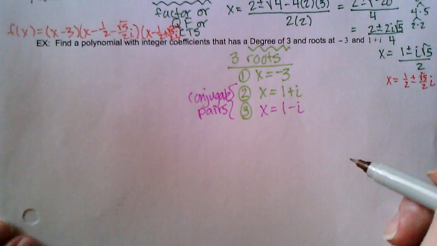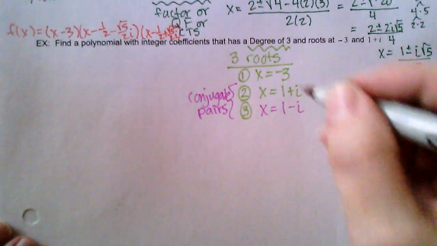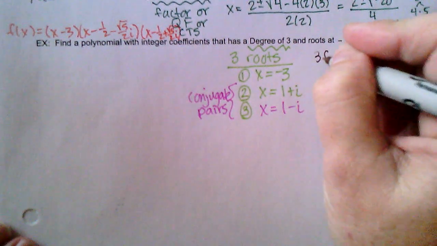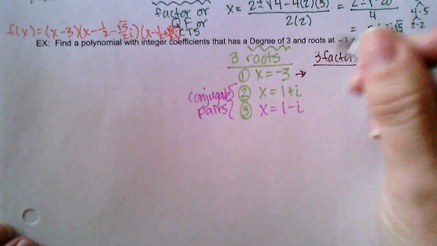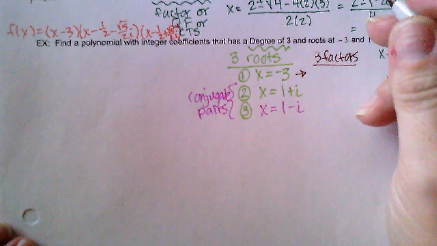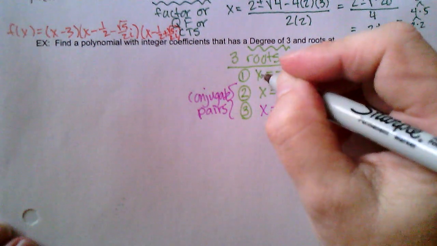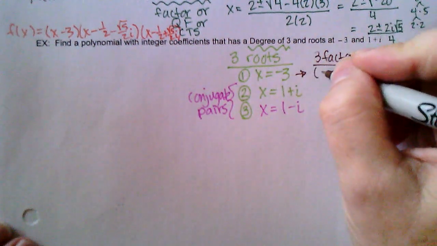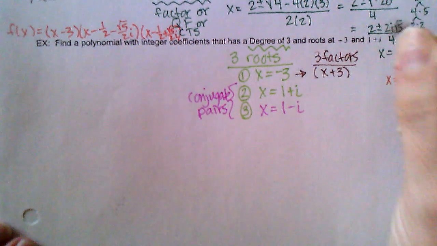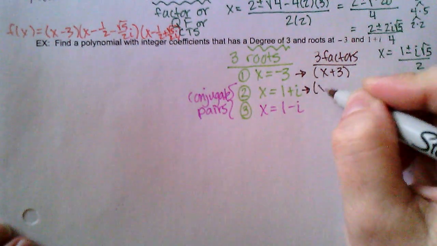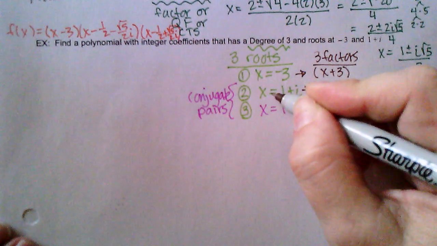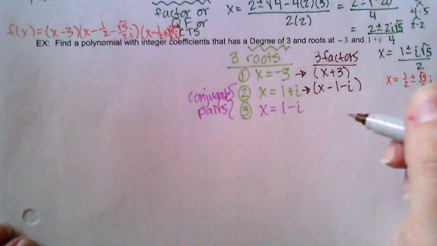So we're going to take our 3 roots and we're going to turn them into 3 factors. When we turn them into factors, those are the things that go back into parentheses. So we move that 3 back over to the side with the x, and we'll have x plus 3. Then we move the 1 over to the x, so it'll be x minus 1. Move the i over, minus i.